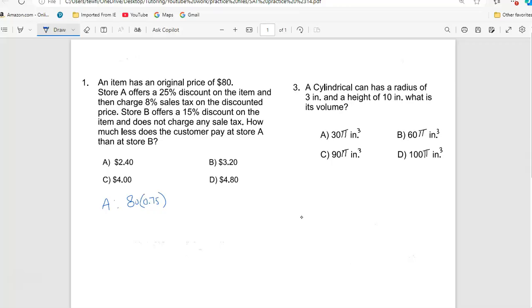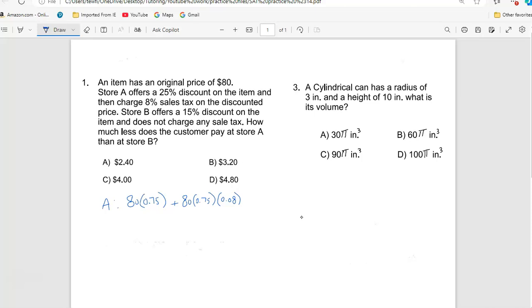But besides that, he's gonna pay taxes, 8% of this price. So plus that amount times 8%, which is 80 multiplied by 75%, which is 0.75, multiplied by 8%, which is 8 over 100 or 0.08. Alright, you can do that in just one step.